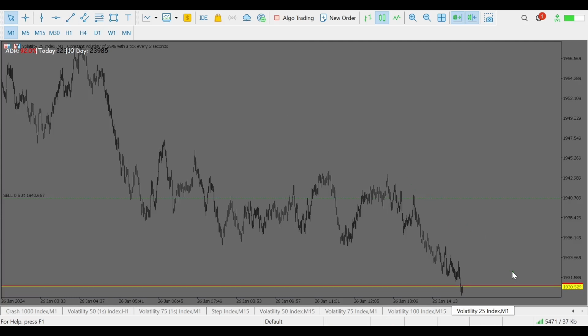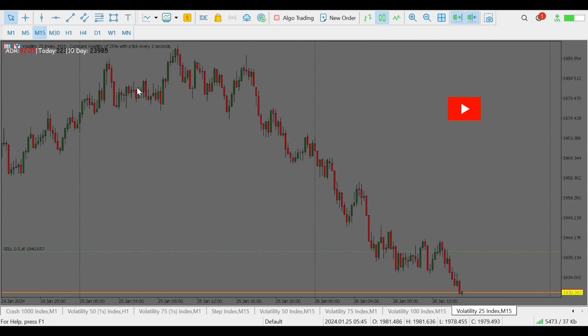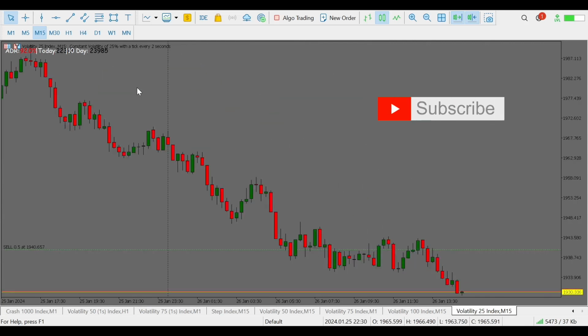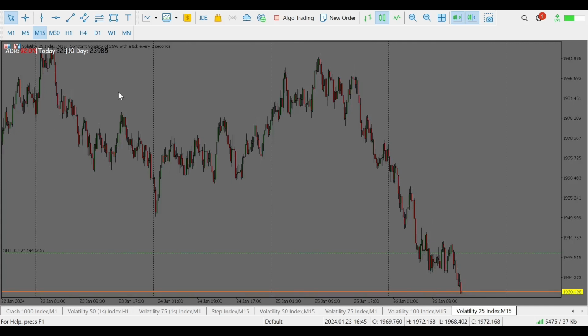So what we need first of all before looking for a position to enter is a higher time frame order block or a change of character. First of all, we had a change of character in the M15 time frame. Right here at the top, we had this low, which was broken up here.